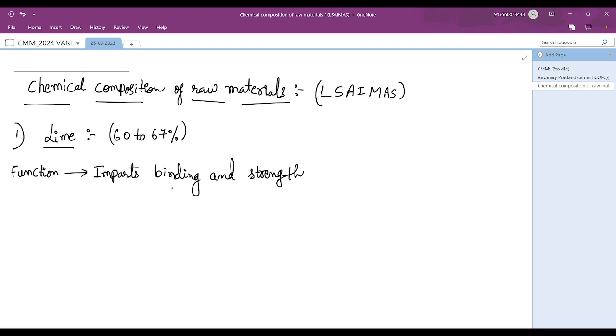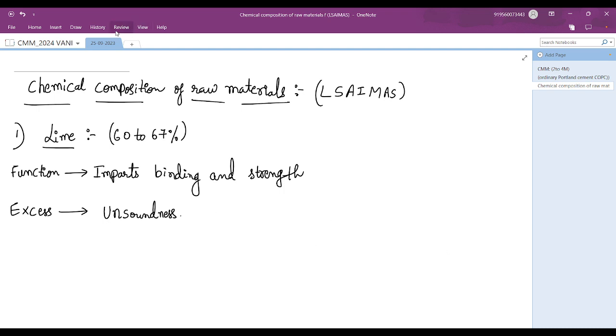But excess of lime causes unsoundness. The terminology, what is meant by unsoundness and soundness? I'll explain. So excess of this lime causes unsoundness.